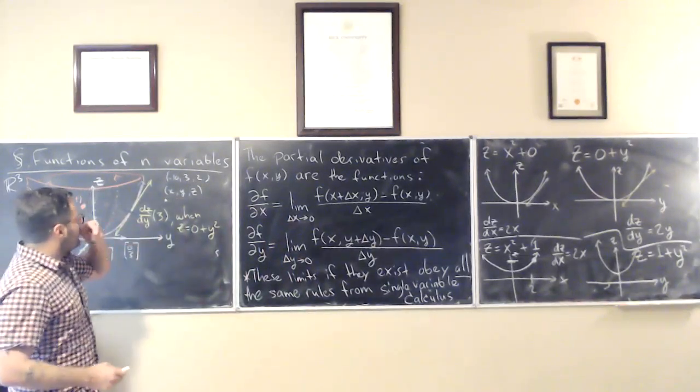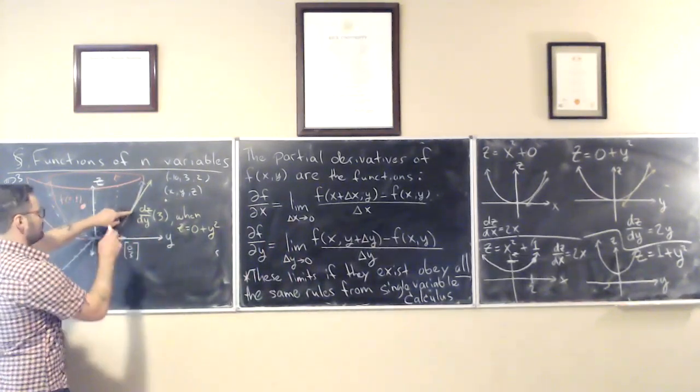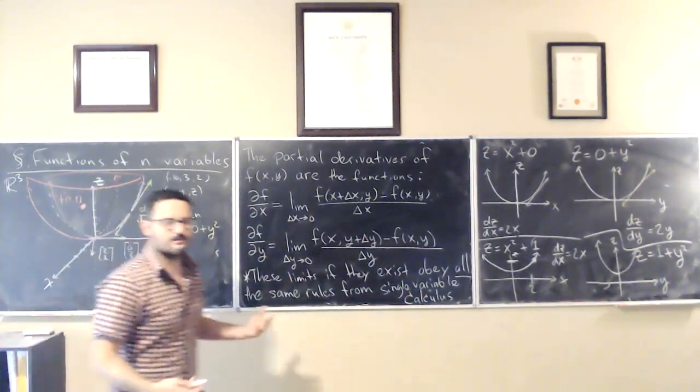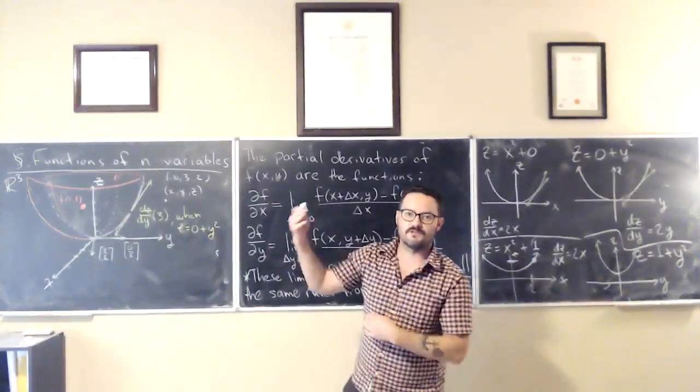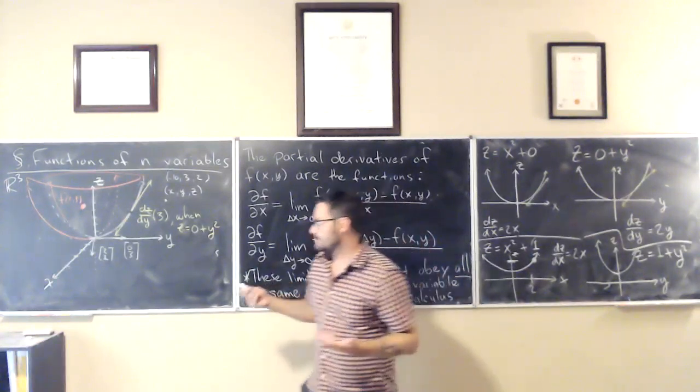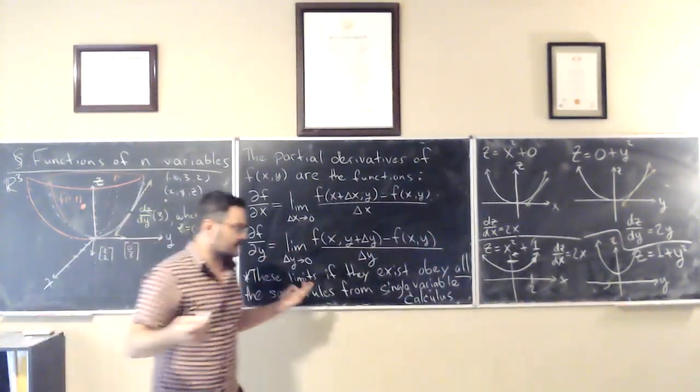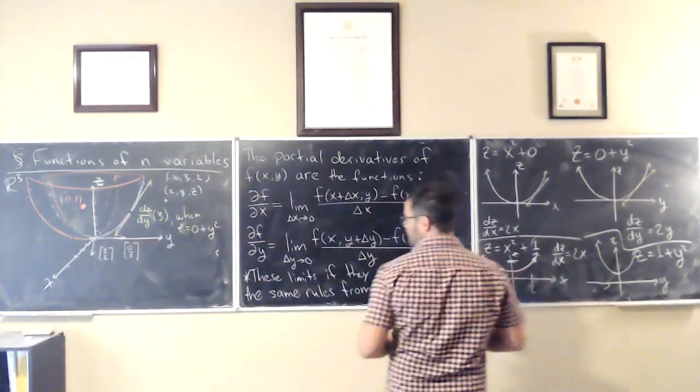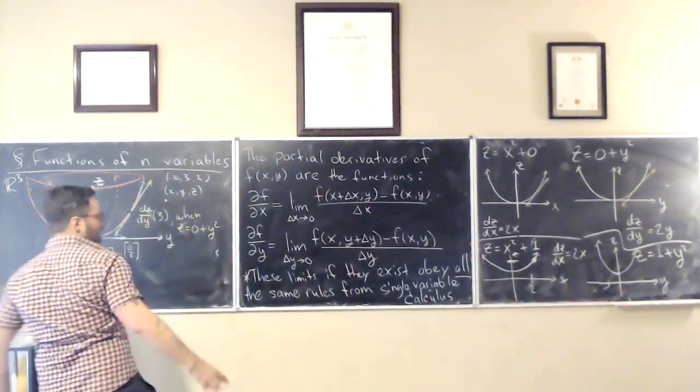But we want to know, if you plug in an x and a y at the same time, how much are we changing in x and how much are we changing in y at the same time? So we do that with a vector, and that vector is called the gradient.